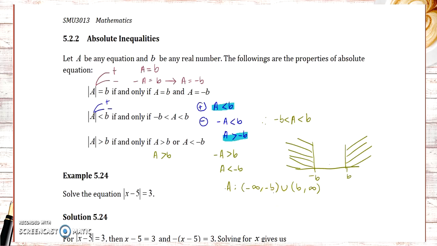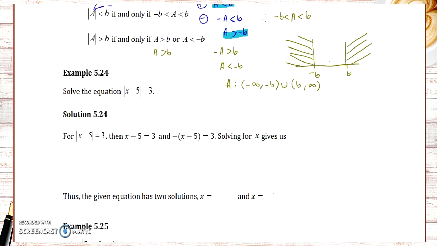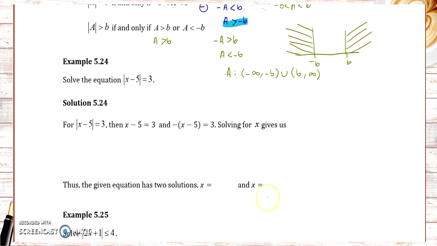Let's discuss example 5.24. We have to solve the equation modulus x minus 5 equals 3. As we know, inside the modulus, the expression can be positive, x minus 5, and also can be negative, negative times x minus 5, equal to 3 for both signs.